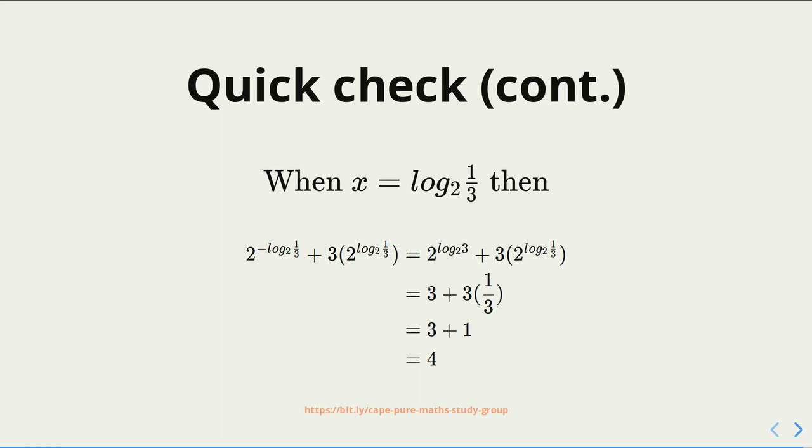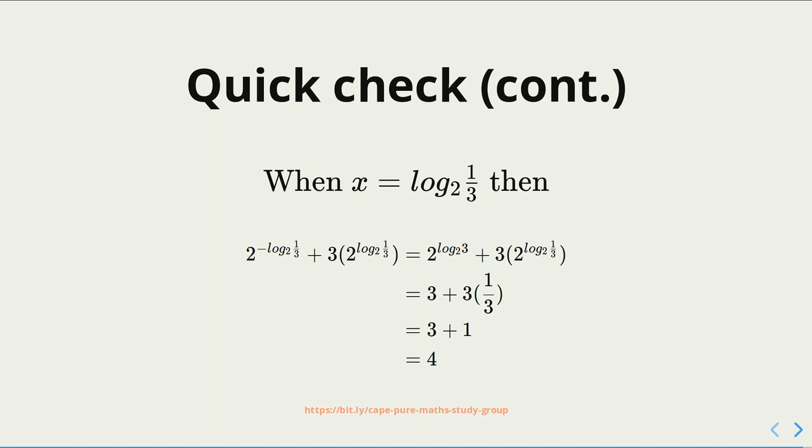Looking at the first term, and the exponent of the first term, negative log base 2 of a third is the same as log base 2 of a third raised to the power of negative 1. The inverse of a third is equal to 3, so that's why we get 2 to the log base 2 of 3. And the second term remains the same.